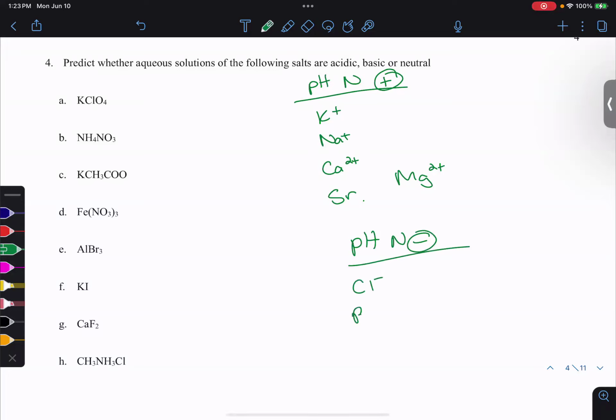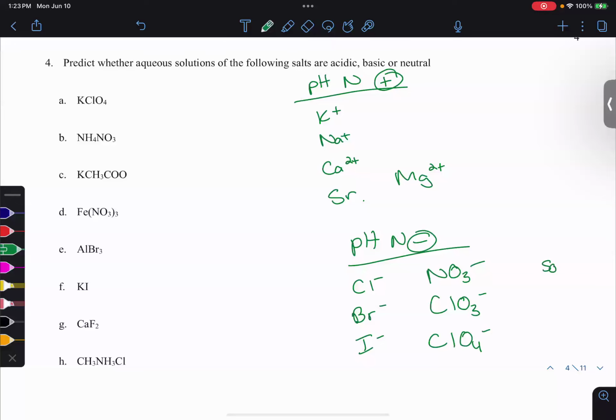So chloride, bromide, iodide, nitrate, what else? Chlorate and perchlorate. Am I missing one? No, that's it. Yeah, 6 of them.